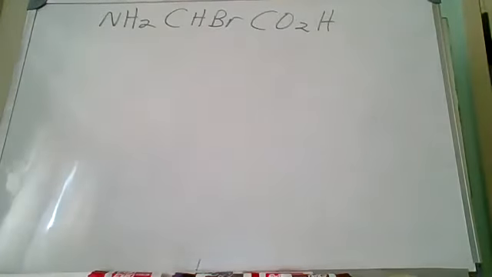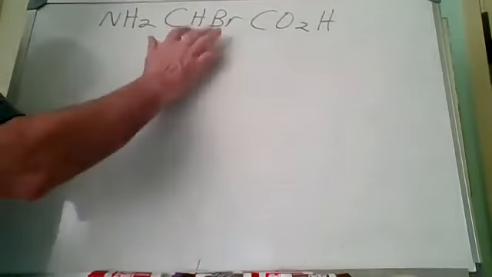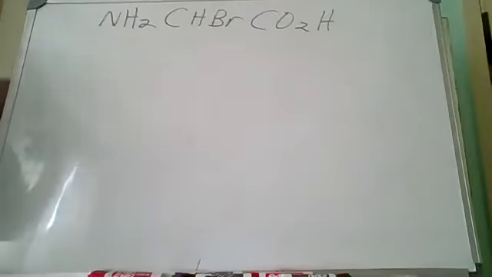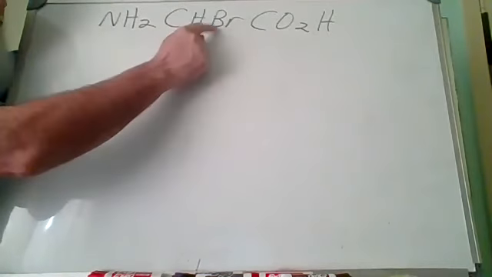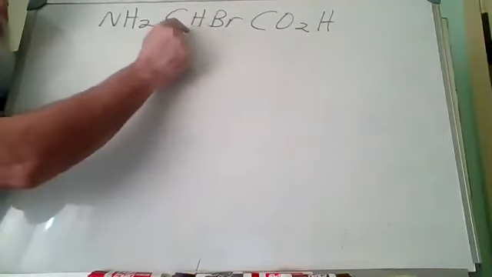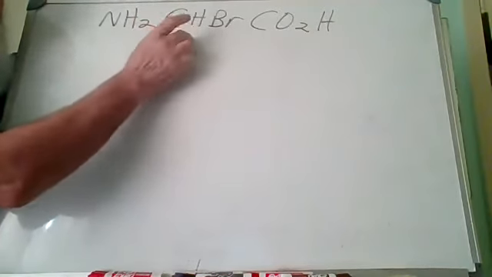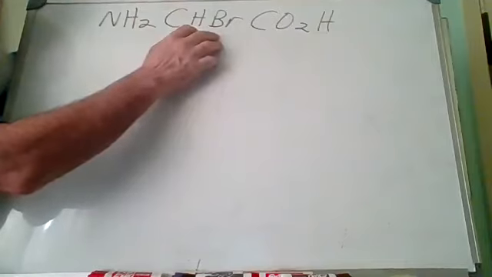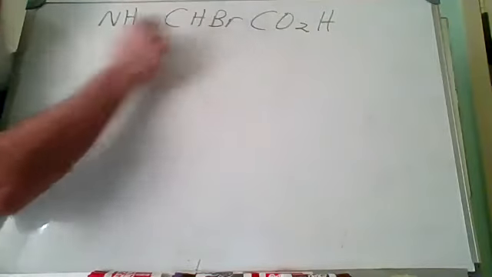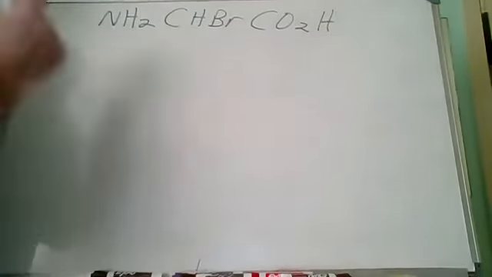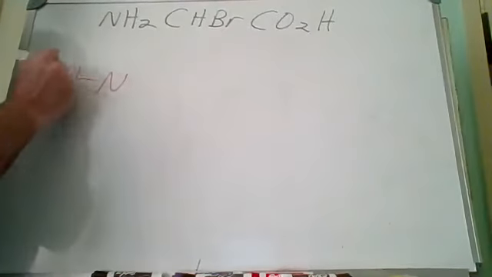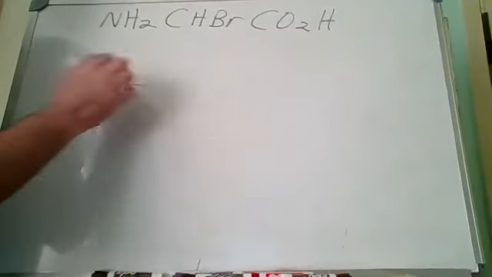Very good. Okay, and this guy here, CHBr, remember that bromine can only make 1 bond. It can only make 1 bond. So CHBr is going to look just like CH2. All right, so let's proceed with this. Well, an amine group, I know what that looks like. Hydrogens can only make 1 bond.